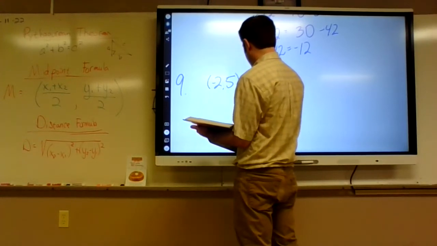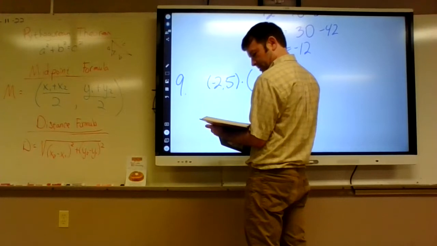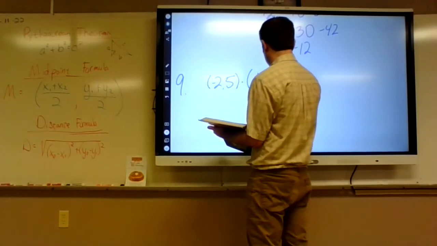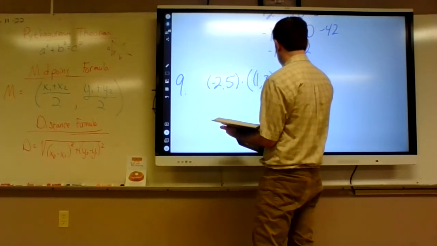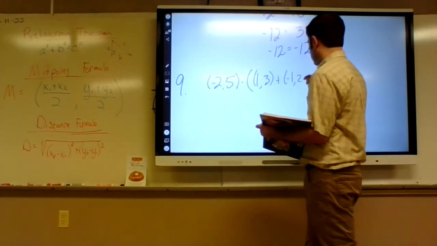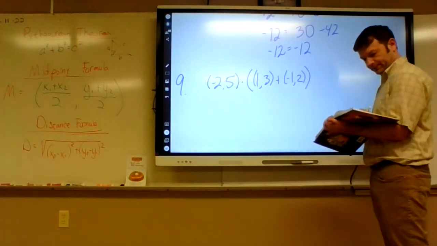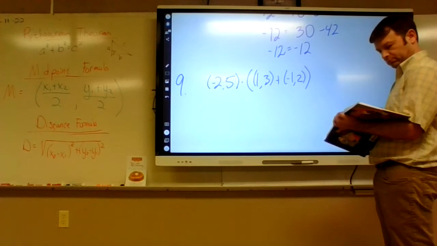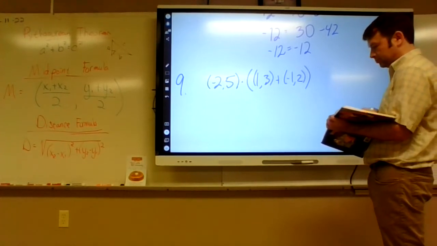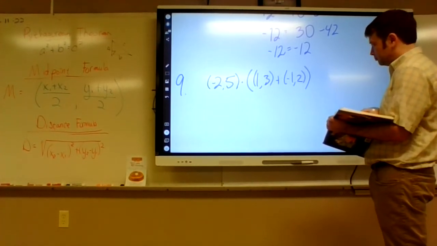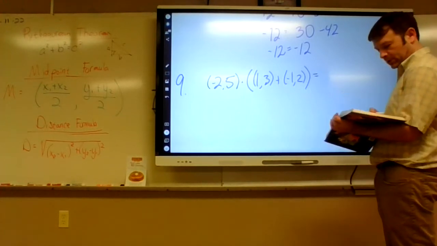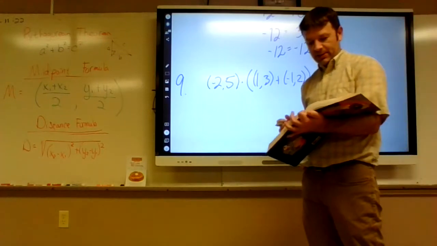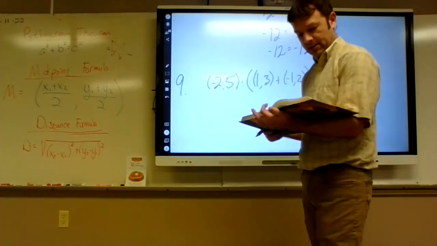So we're supposed to do that dot (1, 3) plus (-1, 2). And that's supposed to be equal to, so they're showing that the distributive property works on those two. You see that?